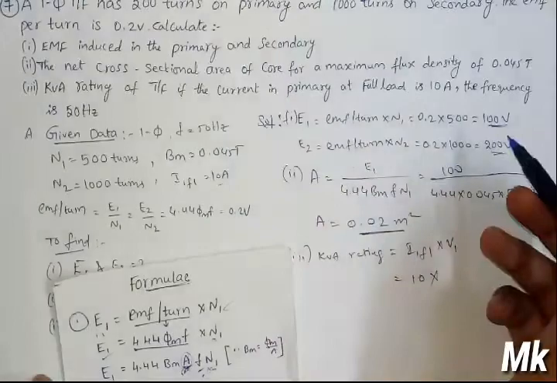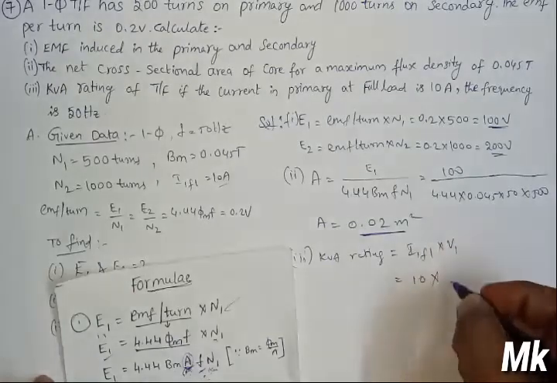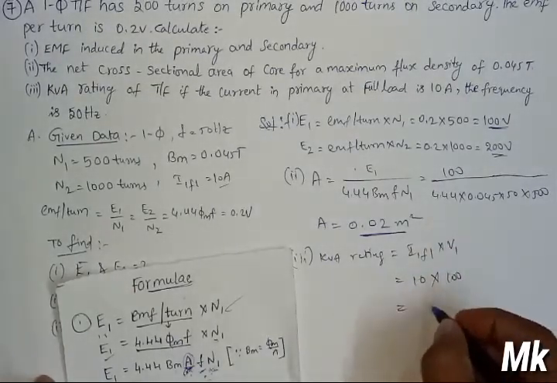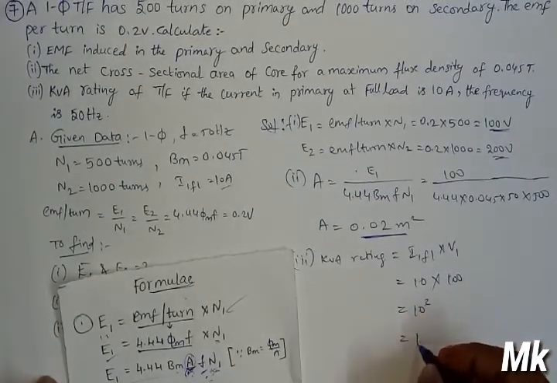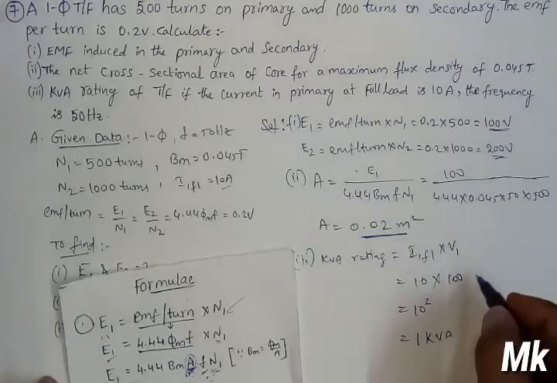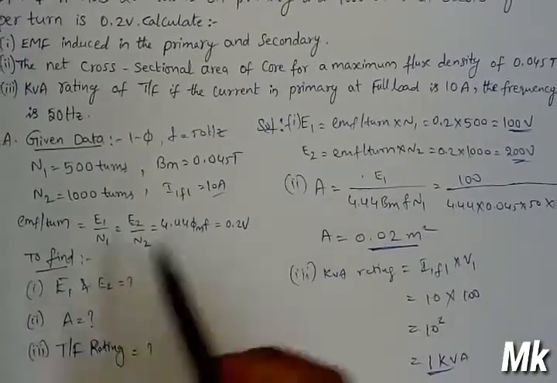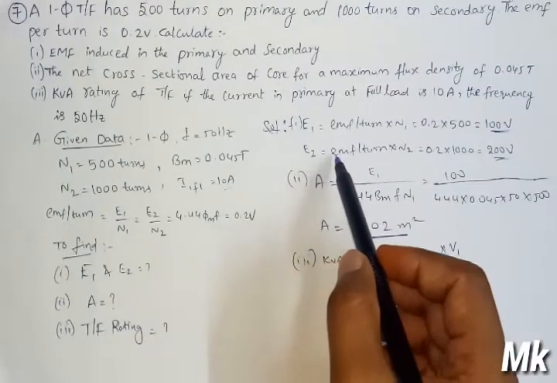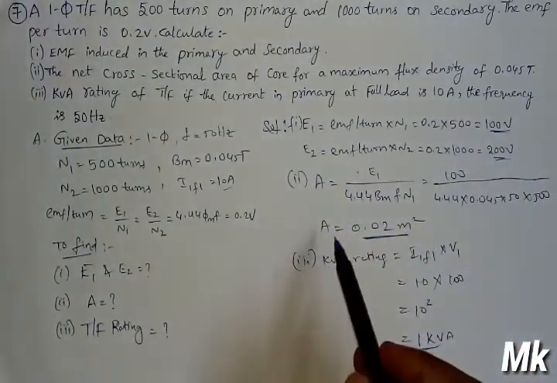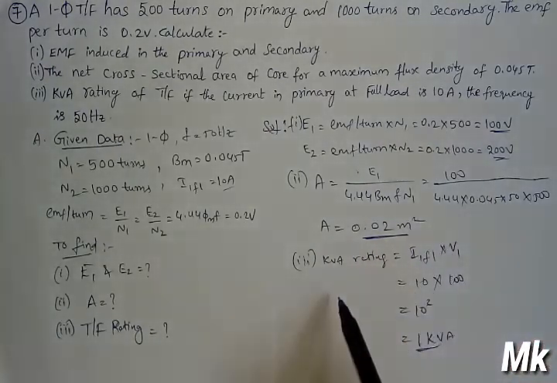E1 is equal to V1 in the case of these problems on EMF equation. So V1 is equal to 100, that is equal to 10 cubed, that means 1 kVA. This is the unit for transformer rating. See, the EMF induced in the primary 100 volts, the induced EMF on secondary 200 volts, net cross sectional area of core A is 0.02 meter square, and finally kVA rating of transformer is 1 kVA.